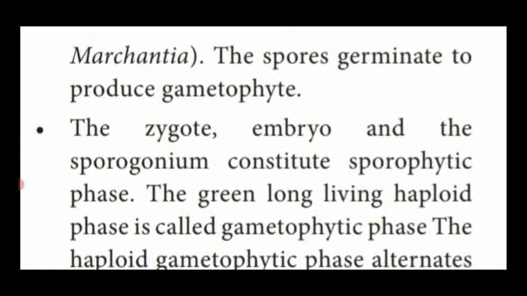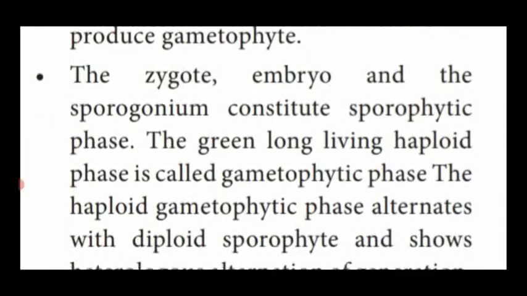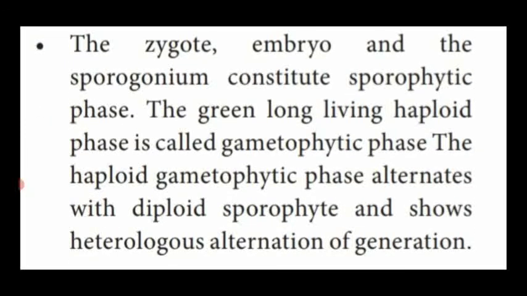Okay. Then the sporophyte is dependent on the gametophyte for its food material and water. Dear students, the zygote, embryo and the sporogonium, these three constitute the sporophytic phase of bryophytes. Then the green, independent, long-living, haploid phase is called the gametophytic phase.